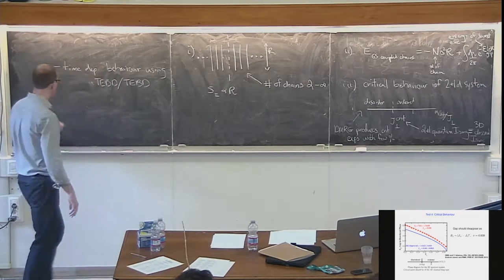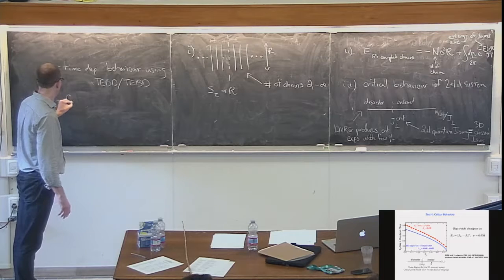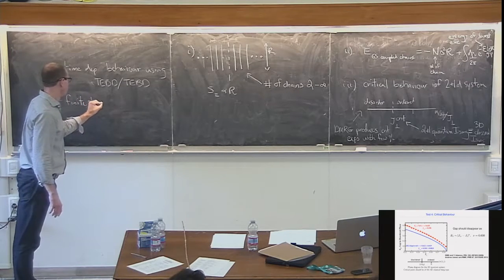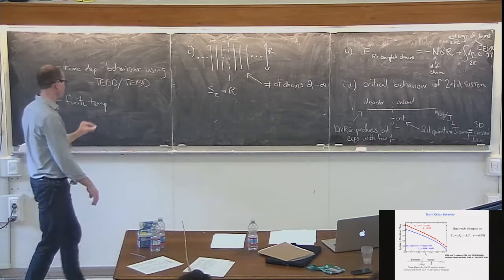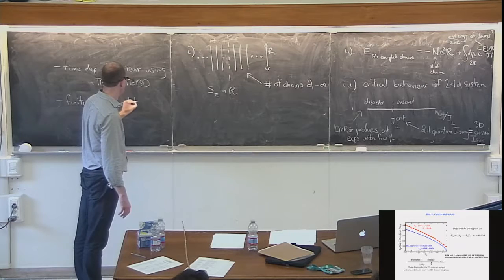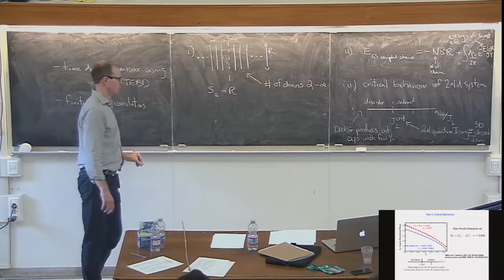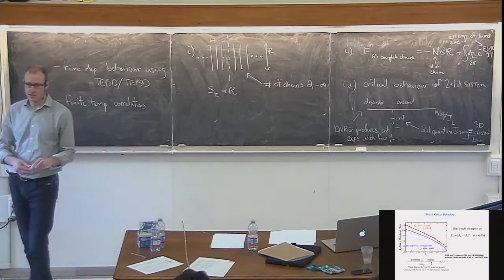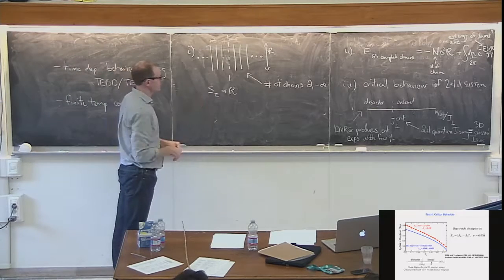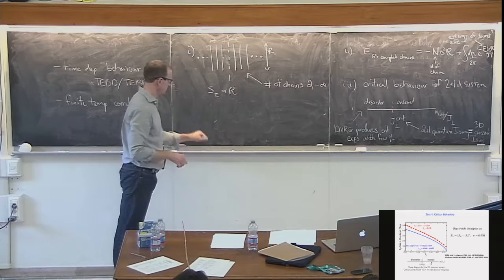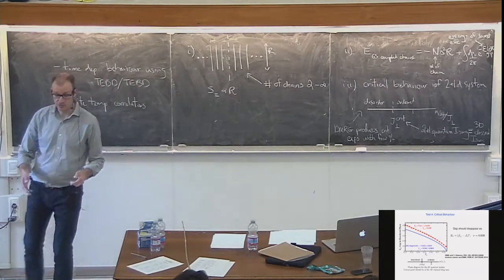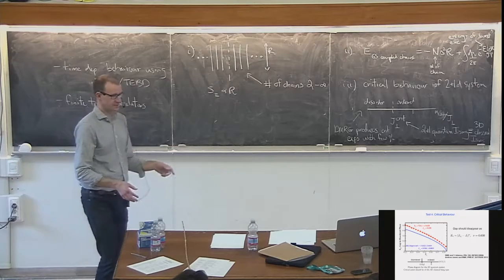You can also borrow approaches to study finite temperature correlation functions, and so on. So it means that this particular way of representing 2+1 dimensional systems gives you a lot of tools with which you can study them. So that's it.